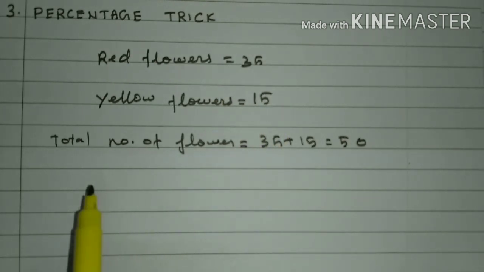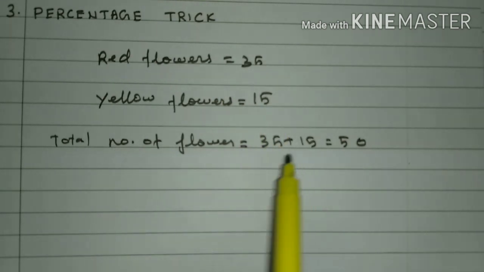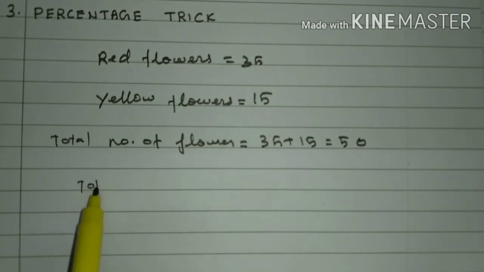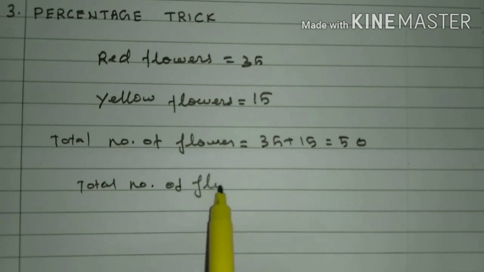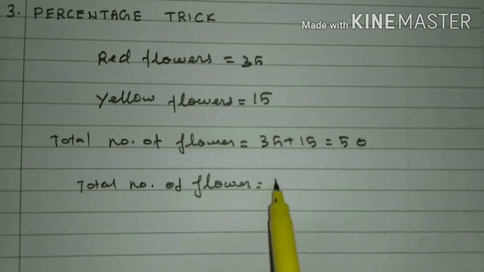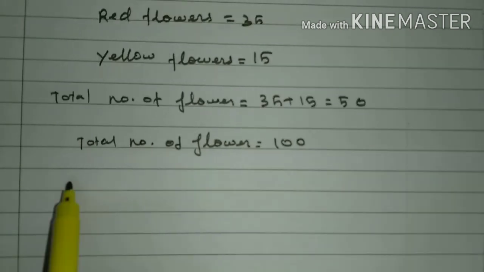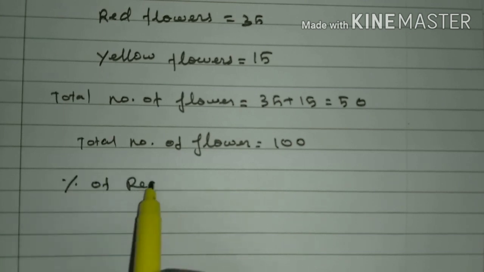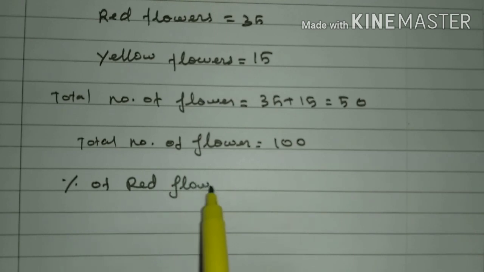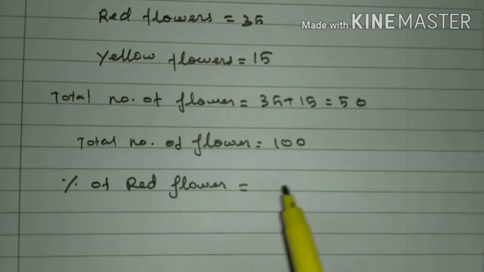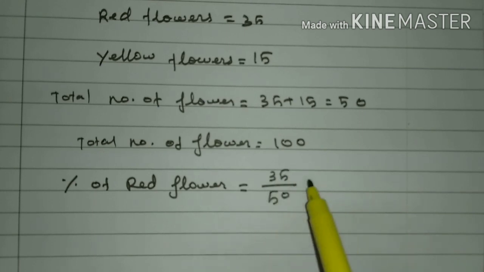For that, I am going to assume the total number of flowers is equivalent to 100. The formula is: the percentage of red flowers is equivalent to the number of red flowers upon the total number of flowers, multiplied by 100.